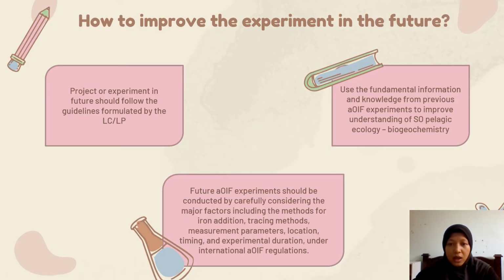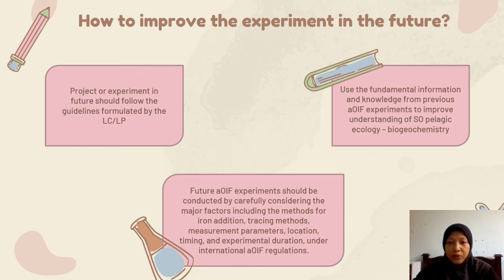As we know, out of 13 experiments conducted, only a few were successful. This is because there are some limitations that we still cannot overcome. So, for future OIF experiments, we must make some changes and improvements to overcome all the limitations so that the experiment succeeds in achieving the desired target.